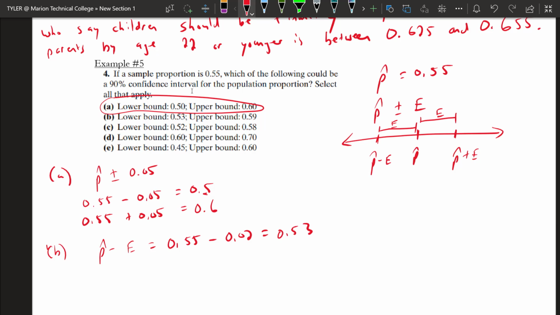So it looks like maybe E is equal to 0.02, right? But if I take p hat plus this E value, this would be 0.55 plus 0.02, which is equal to 0.57. But the problem here is the upper bound is 0.59. So in other words, p hat is not in the center of B, so that one doesn't work. I'll cross that one out. That one's bad.